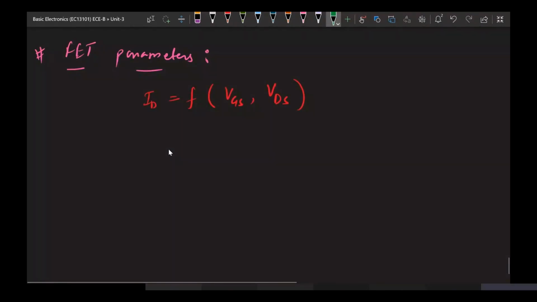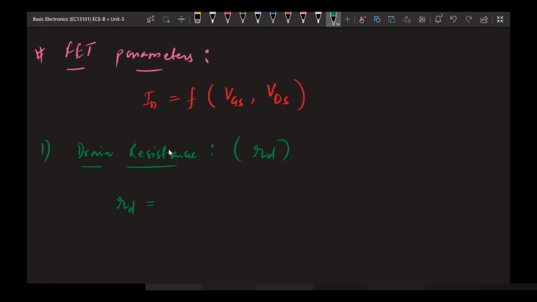With relation to these variables, some different parameters are defined. One is the drain resistance, RD, or we can call it the output resistance.